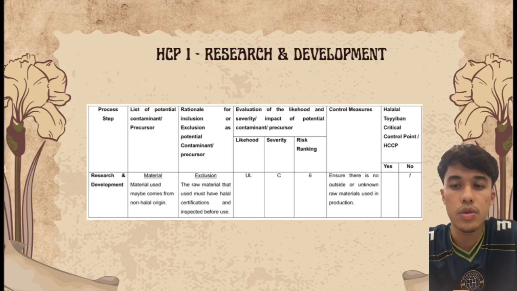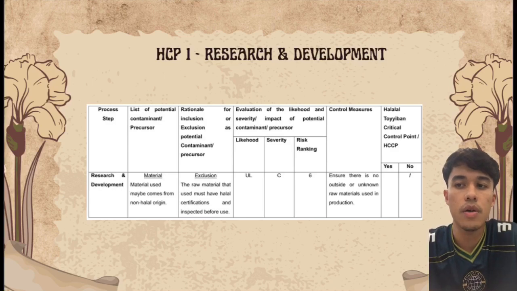That material used maybe comes from a non-halal origin, and that can affect the halal status of our products. For the rationale for exclusion as a potential contaminant or precursor, the exclusion that we have listed is the raw material that must have halal certification and be inspected before use.